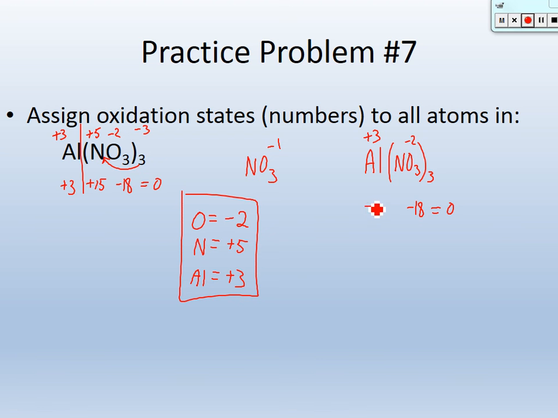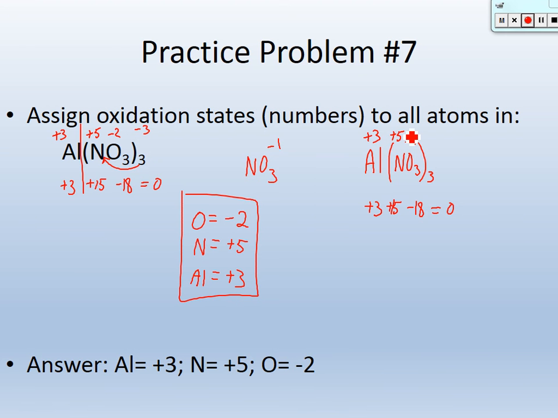So plus 3 times 1 is plus 3. And so that means that this has to be plus 15 overall. 3 plus 15 is 18, minus 18 is 0. But I've got 3 of those nitrogens, so each one has to be plus 5. Anyway, a couple of different ways to look at that one. And hopefully that makes sense. Let's see if we got it right. Plus 3, plus 5, and a minus 2, which we did.